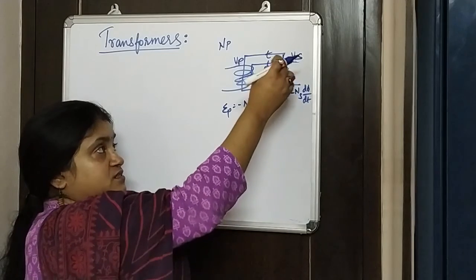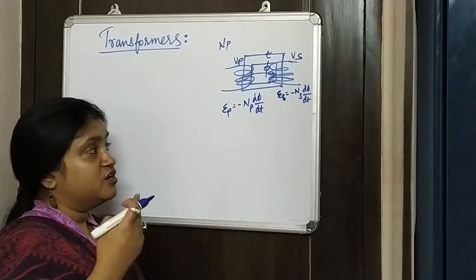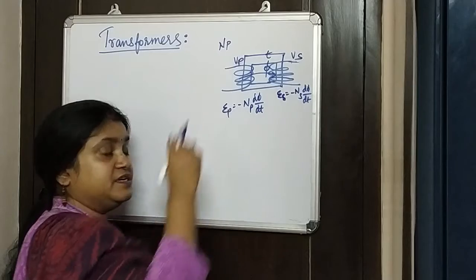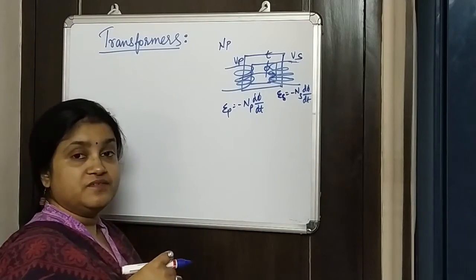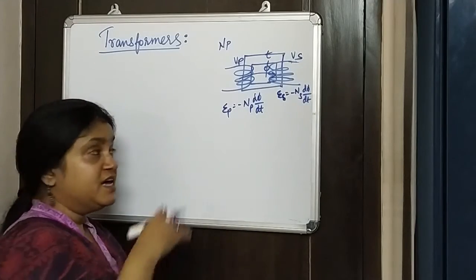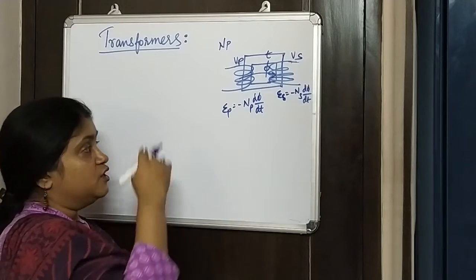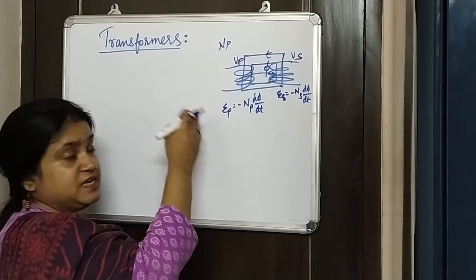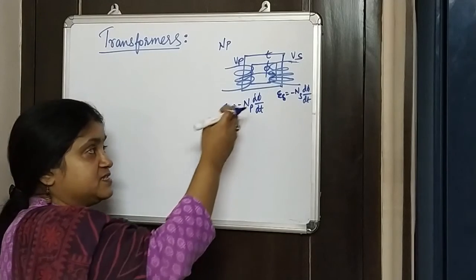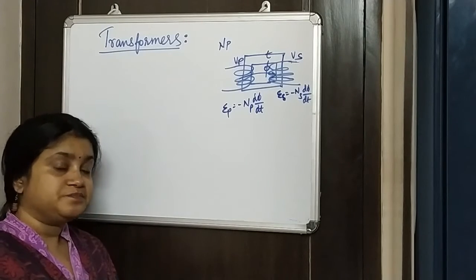Here NS is the number of turns in the secondary coil, and d phi by dt is the rate of change of the flux. This is the EMF produced in the secondary coil, and this in turn would produce a back EMF in the primary coil, given as EP equal to minus NP d phi by dt, where NP is the number of turns in the primary coil, right?